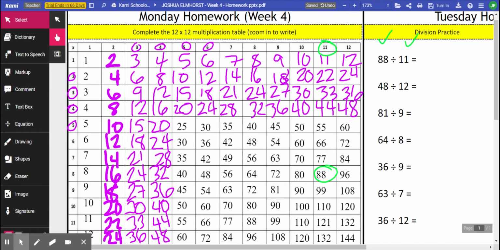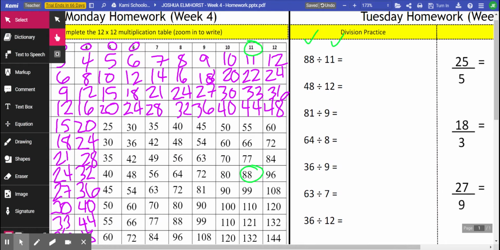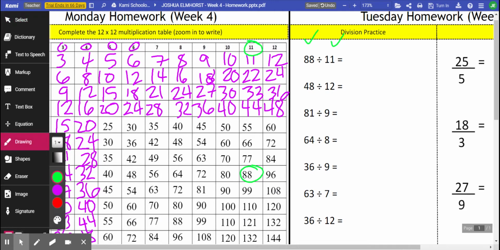That's going to take us all the way over to 8. Some of you already have those multiplication facts down. So 88 divided by 11 is 8. I'm going to go to 48. Well, 12 isn't here, so we go over here to 12. So we got 48 and 12, and then we follow that across, and 48 divided by 12 is 4.